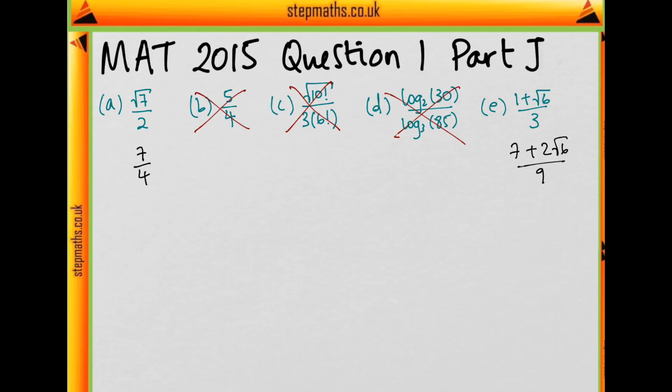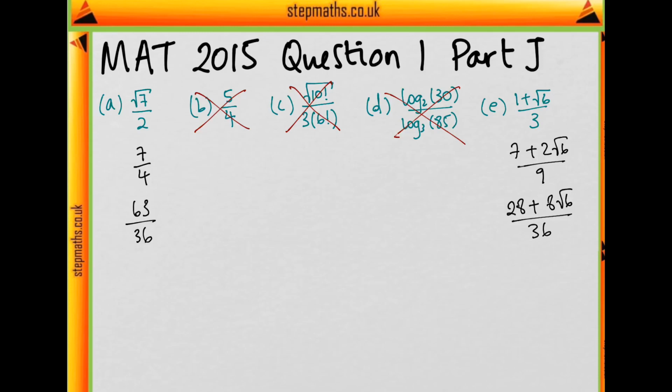Now let's put them both over the same denominator. So 7 over 4 is the same as 63 over 36. And then to get this one over 36, we would need to multiply everything on the top by 4. So 28 plus 8 root 6 over 36.